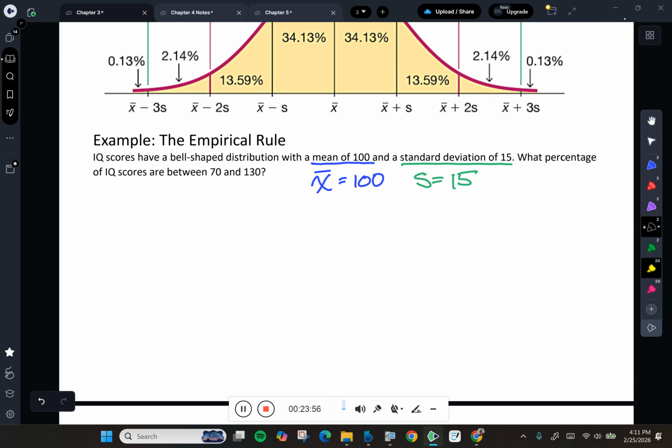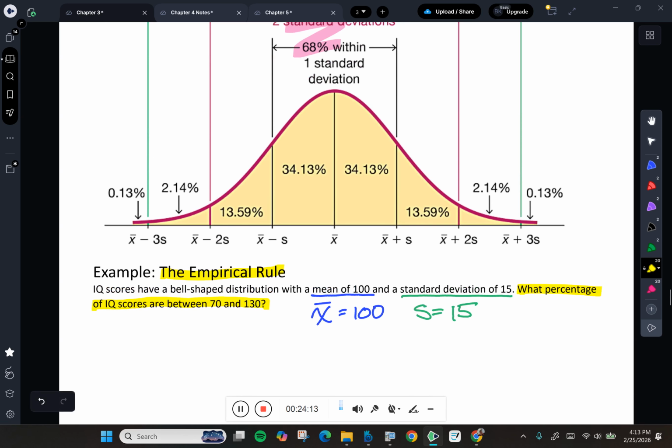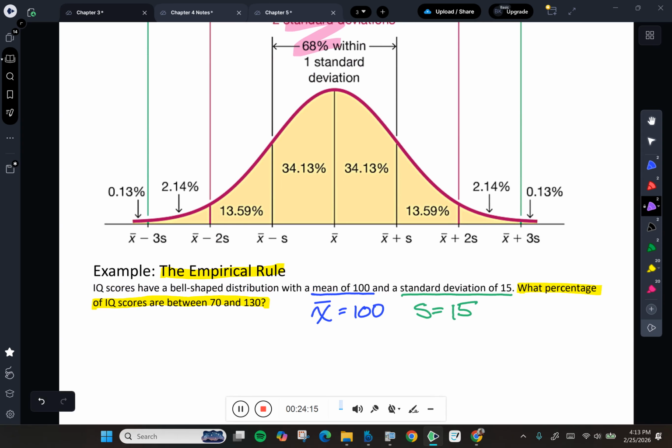It's asking us what percentage of IQ scores are between 70 and 130. Now, there's a clue right there. Since it tells us we're using the empirical rule, we're going to use this thing up here. And I'm going to start filling in some numbers. So I was told that this middle is 100.